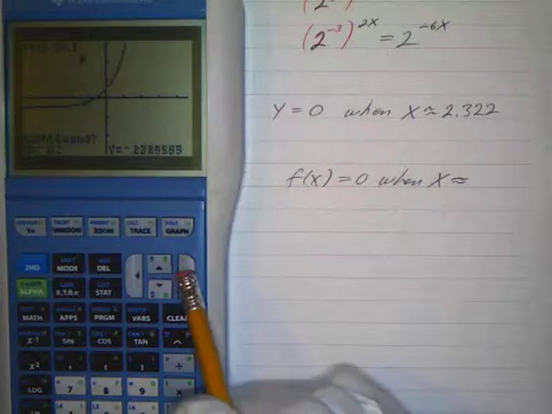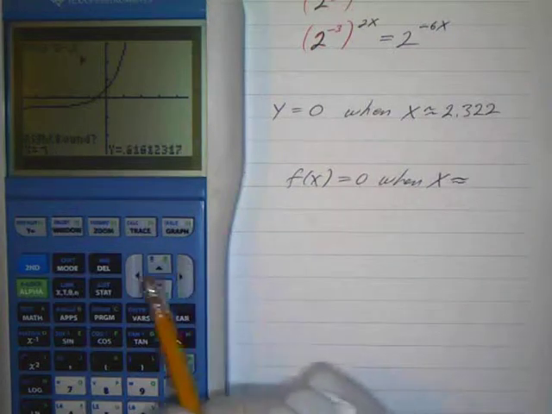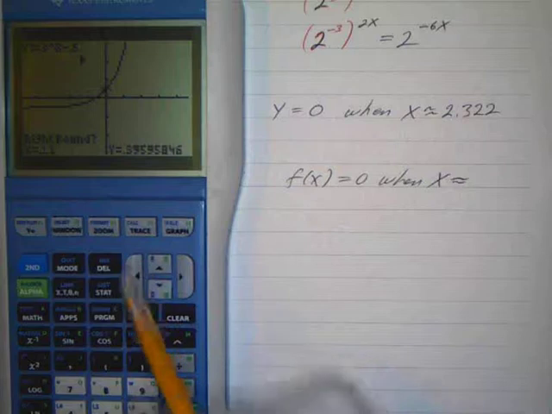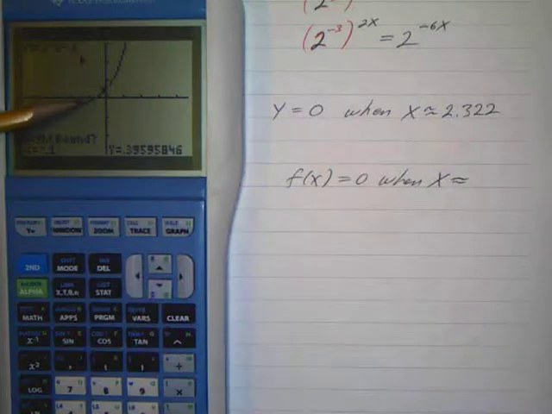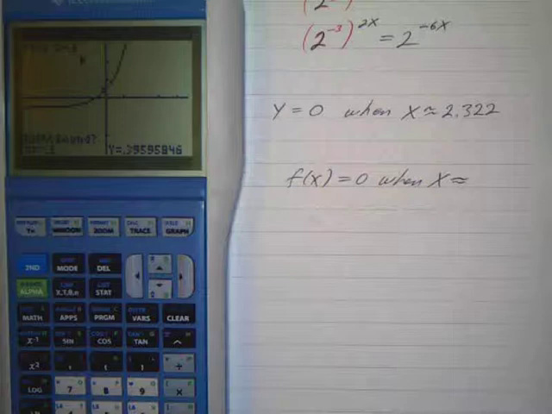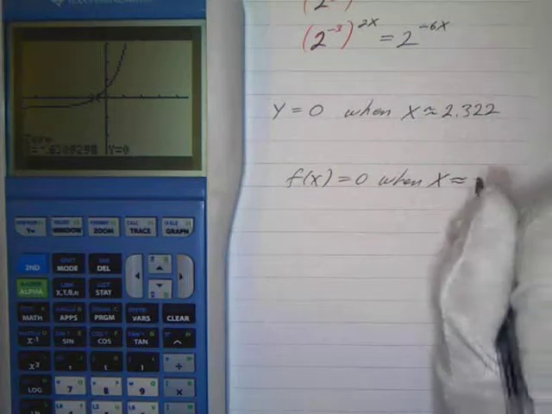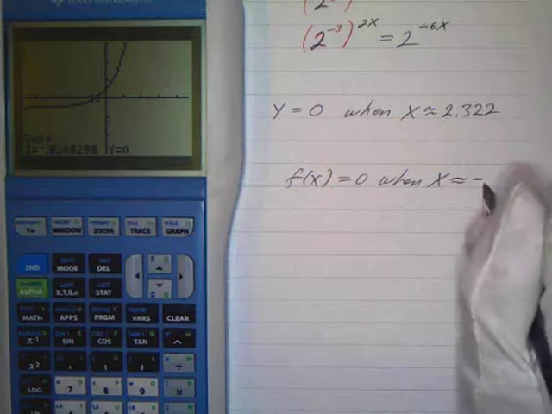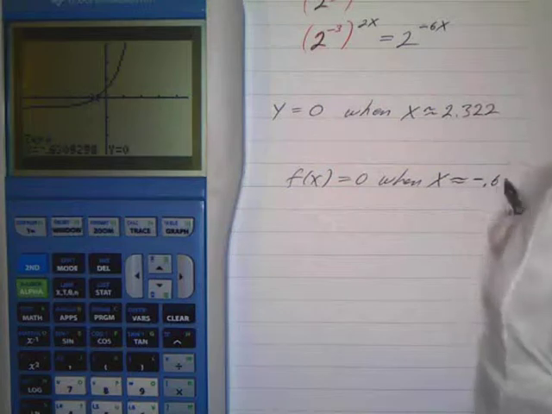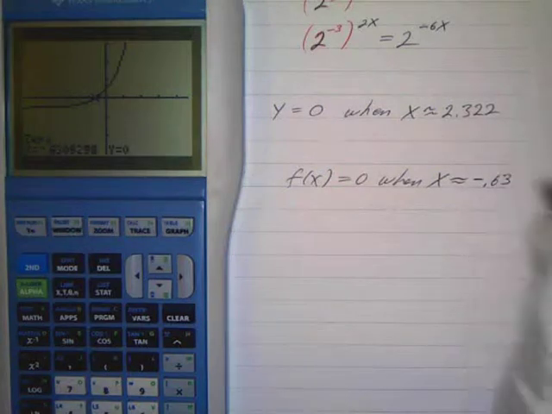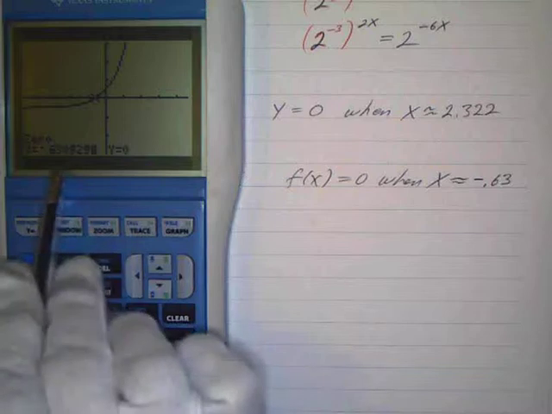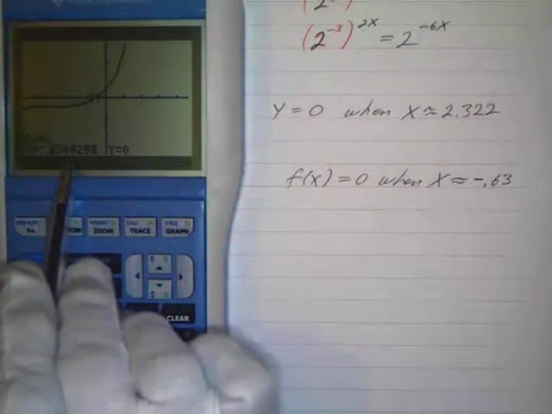And then I'll move it to the right of the 0, to the right of that point right there, so it's just to the right of that point, the 0 there. And I press enter, don't want to guess, enter again. And I get negative, so x is approximately negative 0.63, and I look at the 0, and what's to the right of the 0, 9, is that 5 or bigger?